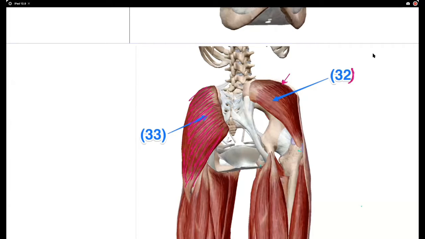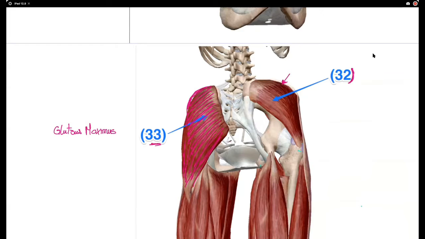It was the prime mover for, can you remind me, what was the action of the gluteus maximus, number 33 on here? What is the primary action of the gluteus maximus?